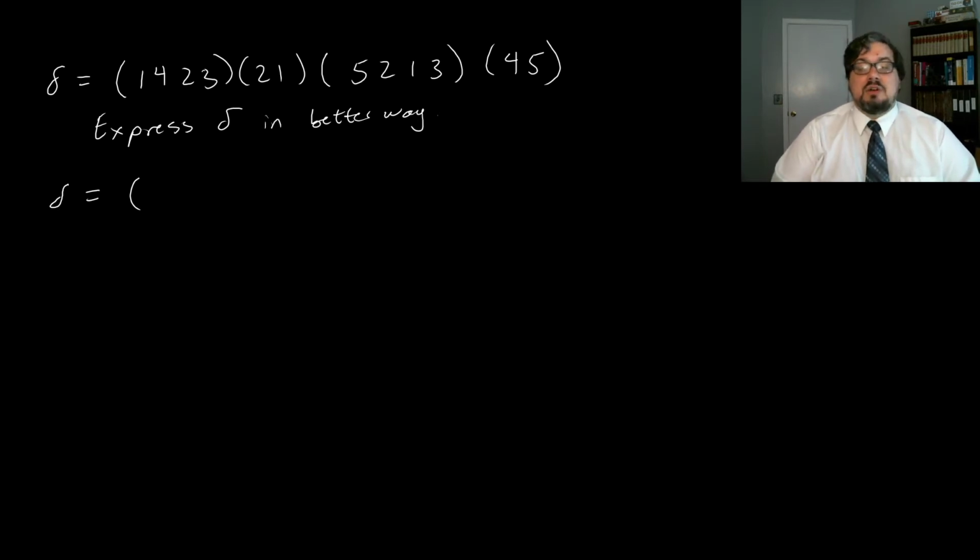We can go through things in a very similar way to how we did it before, where we start with a 1 here and we ask, where does 1 get sent under delta? And the point to remember is that we multiply cycles, just like permutations, right to left.